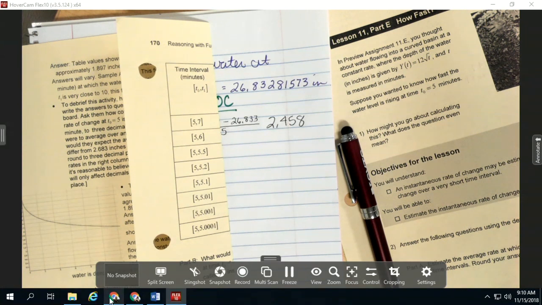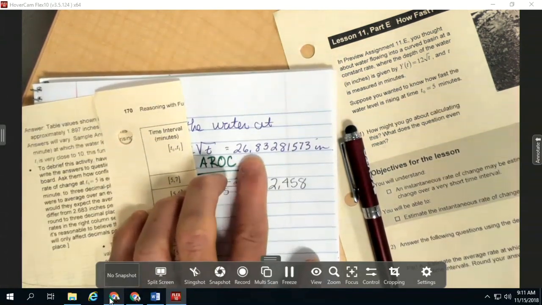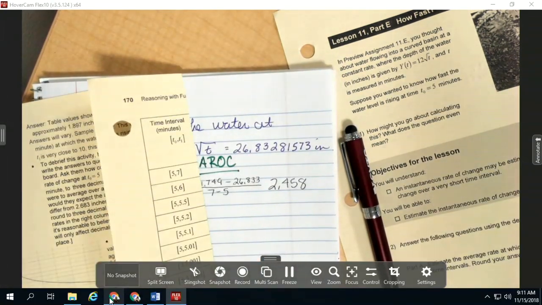You two do 5 to 5.01. You two do 5 to 5.001. Menominee, you do 5 to 5.00001. And I'll give you a hint, Menominee. Use this value for 5 because you need tons of digits on yours because your values are going to be almost the exact same.